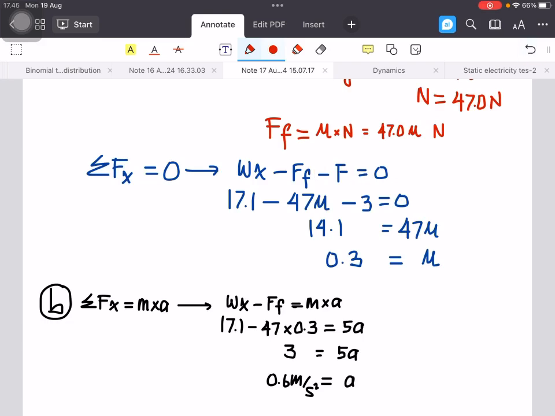So the new equation will be Wx minus the friction force is equal to m times a. 17.1 minus 47 times 0.3, since we know the mu already, is equal to the mass, 5, times a. So 5a is equal to 3, a is equal to 0.6 meter per second squared.